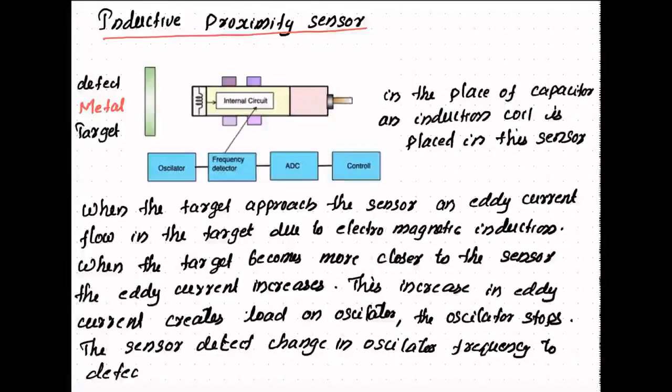The two violet color rectangular blocks on the sensor indicate two nuts which can be used to fix the sensor to the intended location. Next one is ultrasonic sensor.